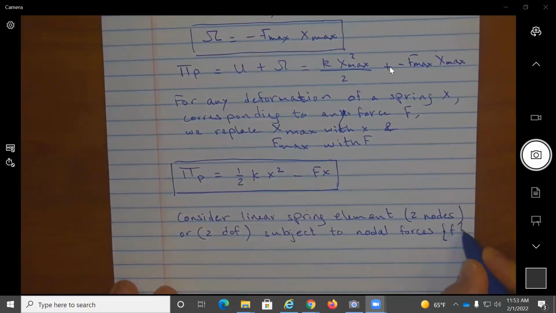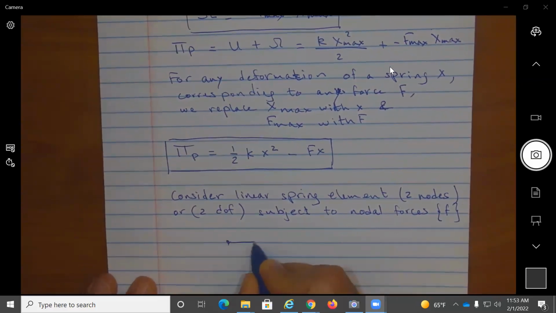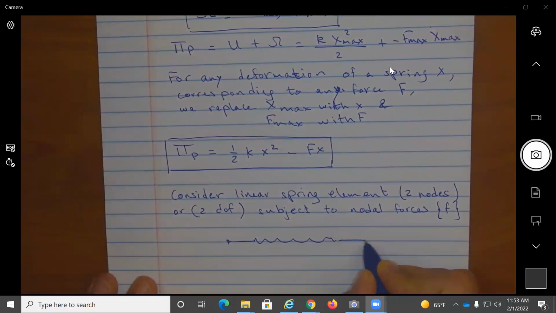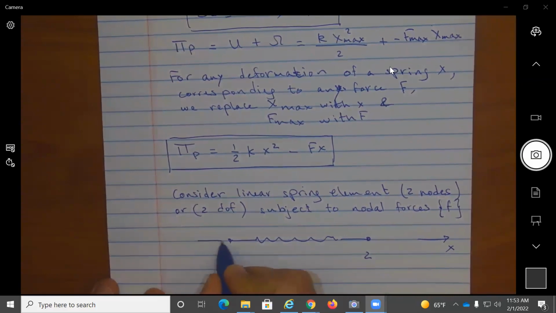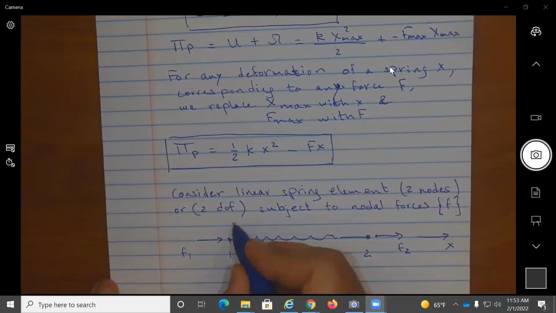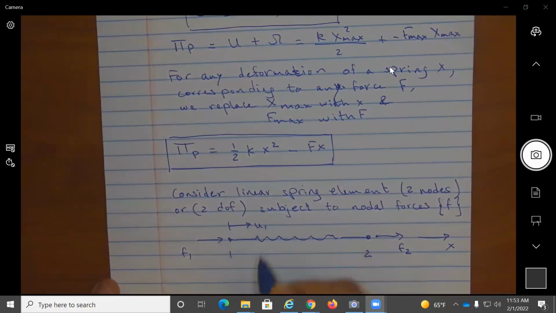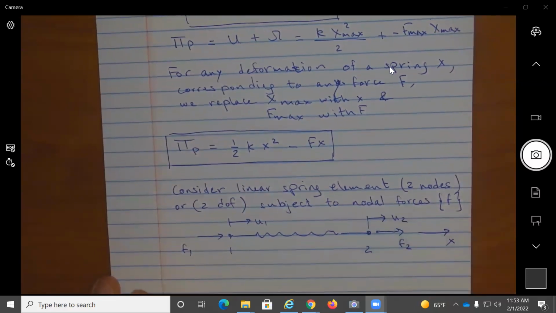And these were expressed by F. So if I sketch that, this is my spring element, node 1, node 2. This is my X direction. We had F1 and F2. And corresponding to these nodal forces, we had degree of freedom U1 and a degree of freedom U2.